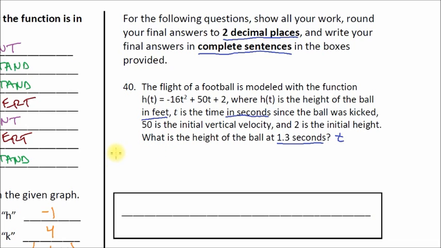So let's go ahead and write h of t, which is 1.3, is equal to negative 16 times 1.3 squared plus 50 times t, which is 1.3 plus 2. Let's put that in our calculator and see what we get.